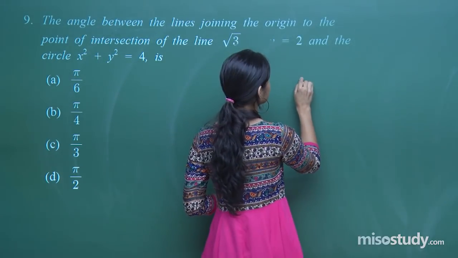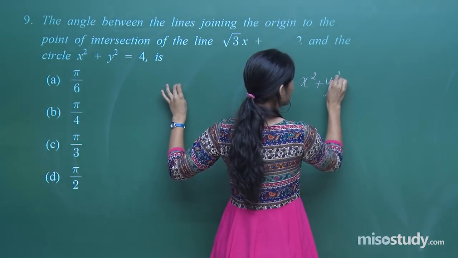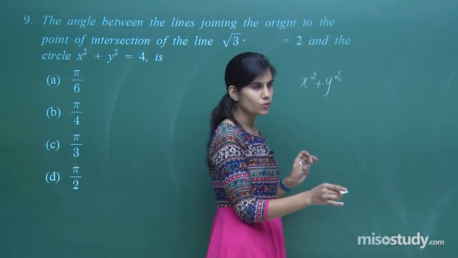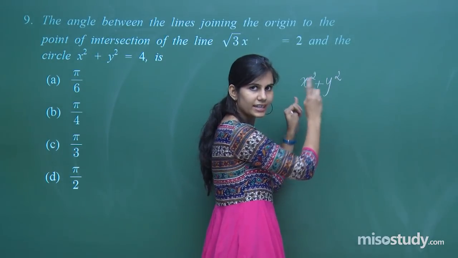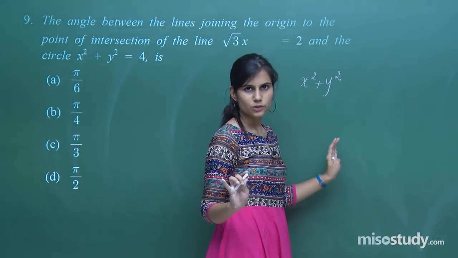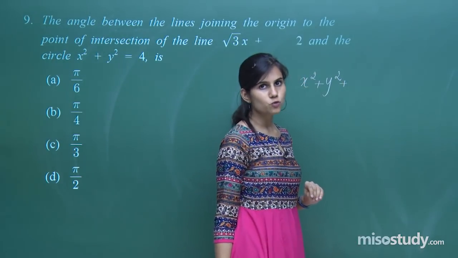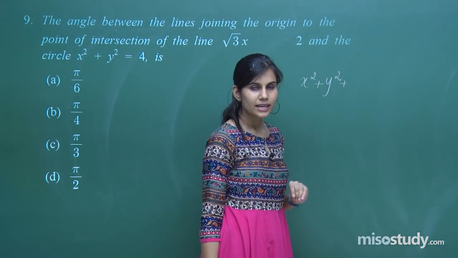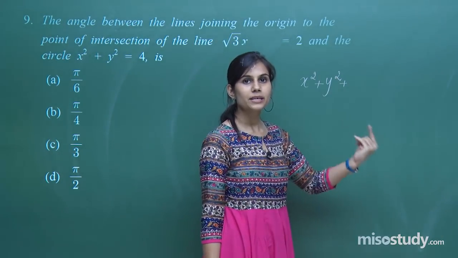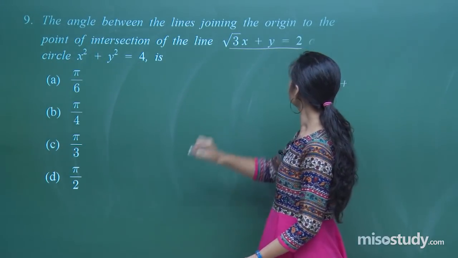How do you represent it? Basically ax square plus 2hxy plus by square, you write it. Right now there is no 2hxy, a is 1, b is 1, so x square plus y square, that's it. Plus 2gx plus 2fy multiplied by Lx plus my upon minus n, where Lx plus my plus n equals 0 is the equation of the line, which is given to us like this.